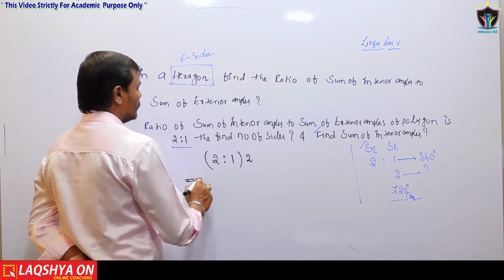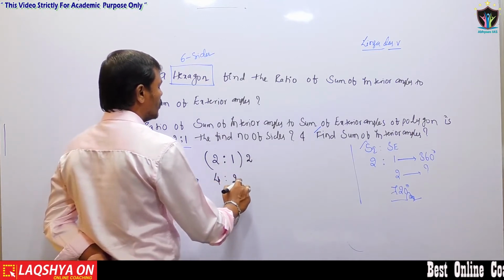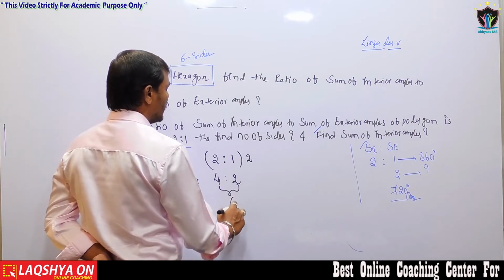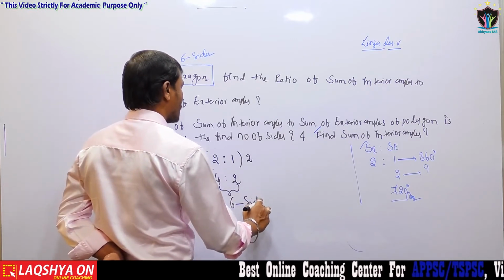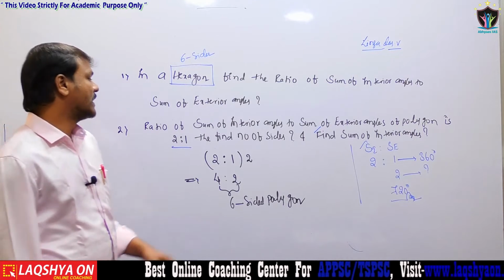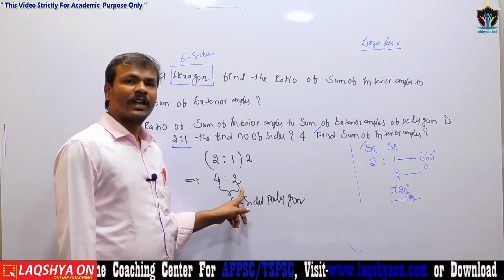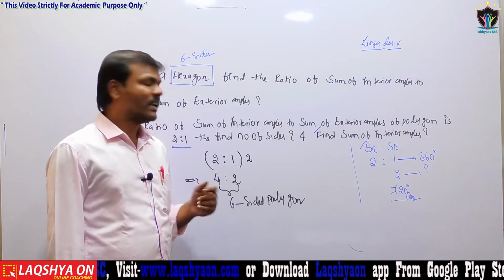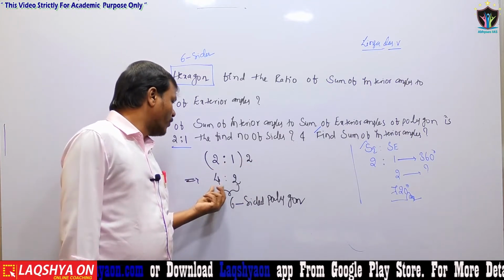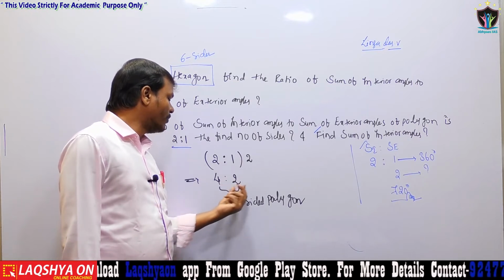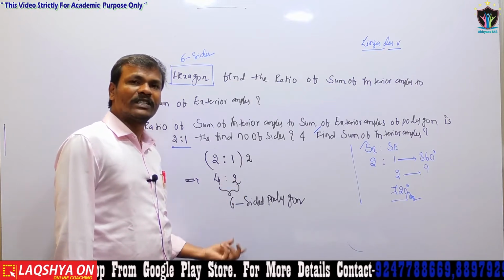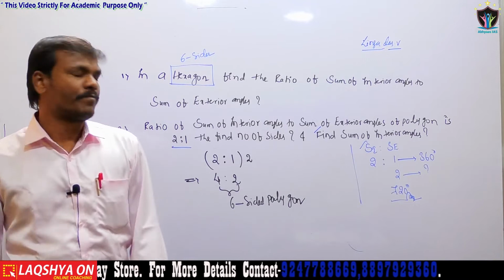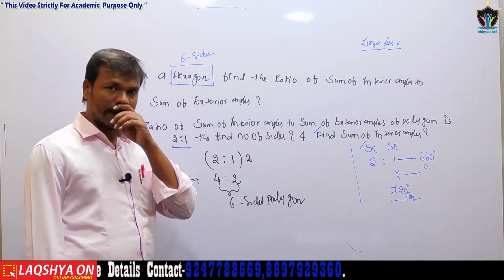That is, we get 4 is to 2. The sum of both ratio terms is the number of sides, a 6-sided polygon. If the exterior part is not 2, you can make it 2 by multiplying. Okay, clear? It was very easy.